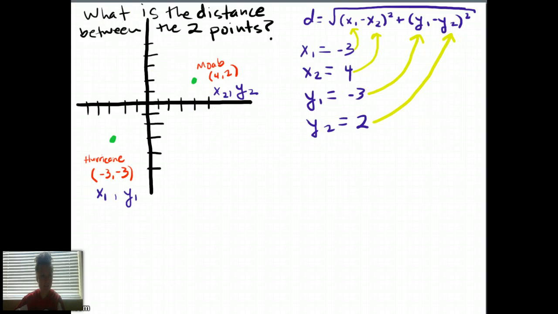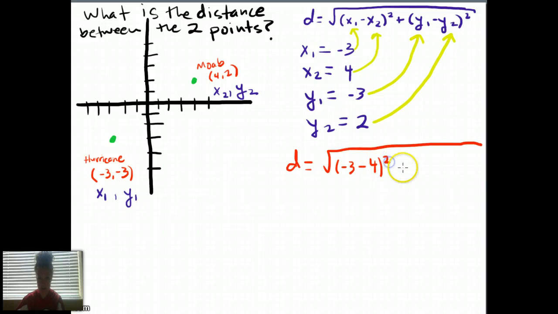So now when we plug everything in, we're going to get that our distance is equal to the square root of, instead of x1, I'm going to have negative 3, and then minus x2, so that's going to be minus 4. That still all gets squared. Then I add the difference in our y values, which will be negative 3 minus 2.